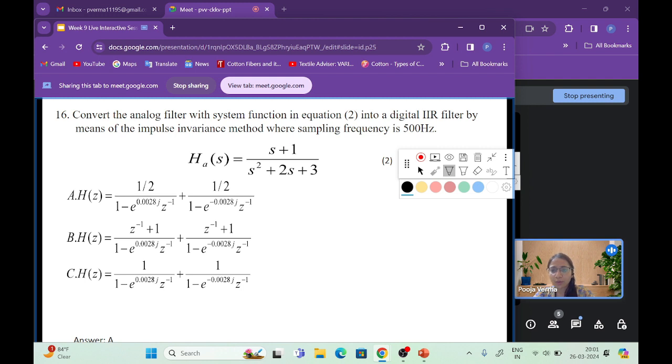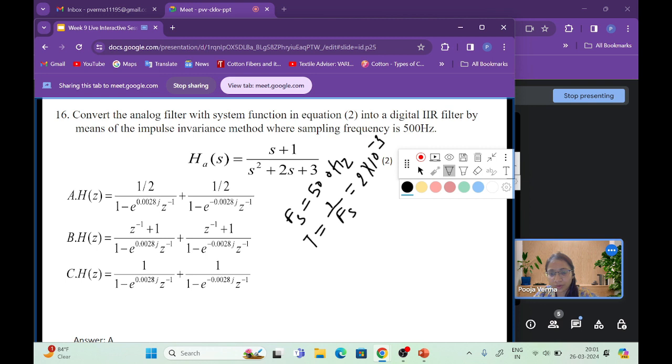So we have to convert the analog filter into a digital IIR filter by the impulse invariance method. How can we solve this question? The sampling frequency Fs is given as 500 Hz and T is equal to 1 by Fs, as we know. So T will be 2 into 10 to the power minus 3.